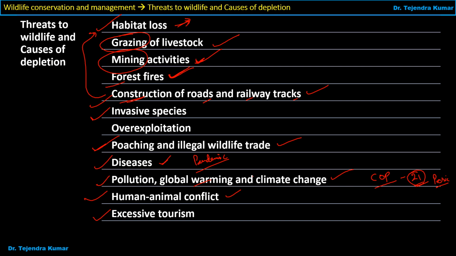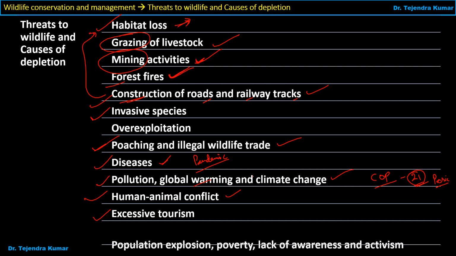In these terms, their habitat is continuously changing, and they are always facing disturbed conditions. So their number will automatically decrease. And this is called the most common threat to wildlife.